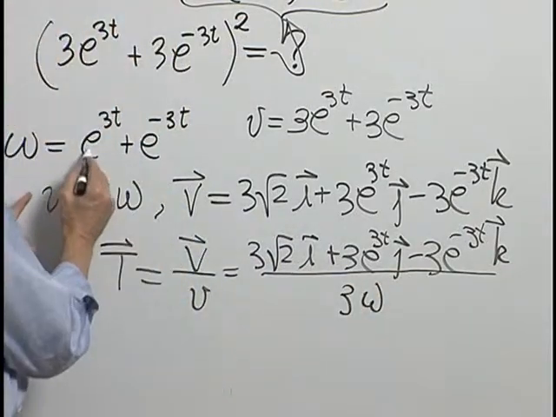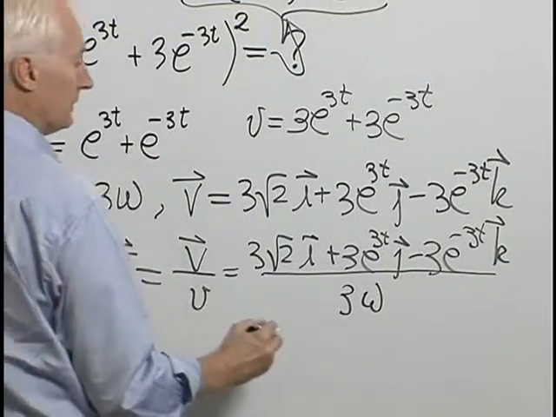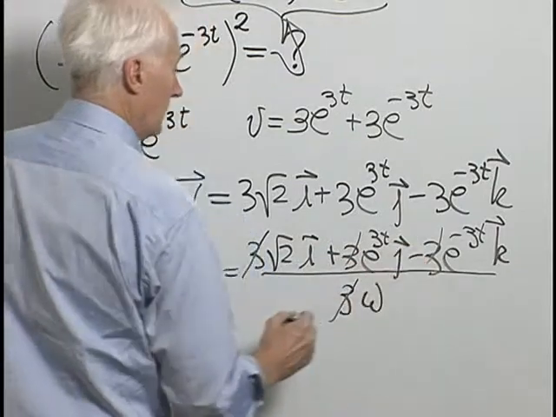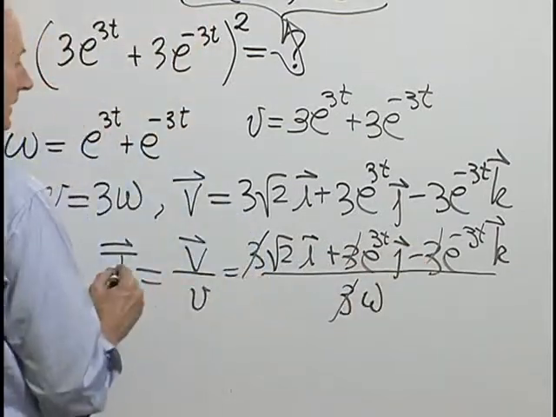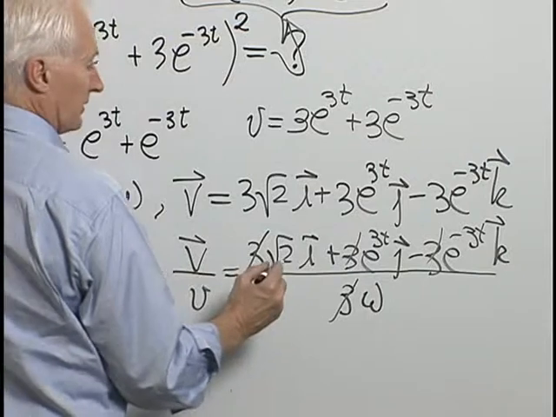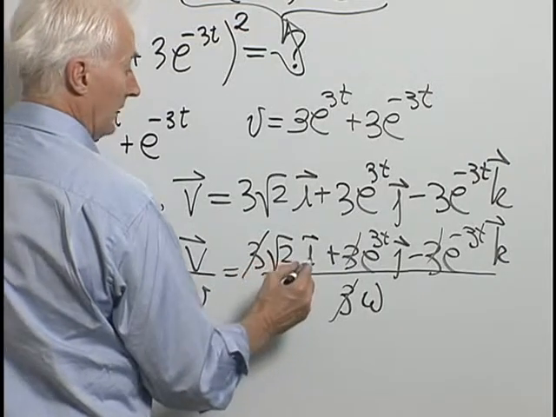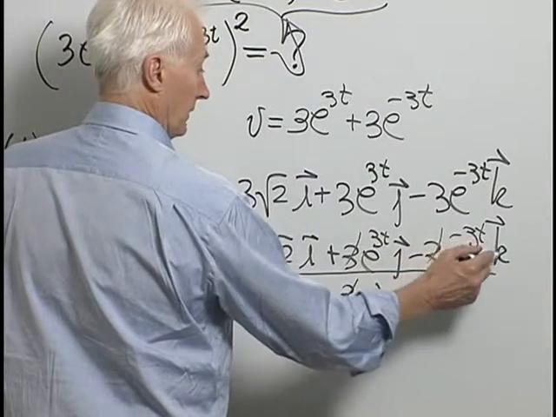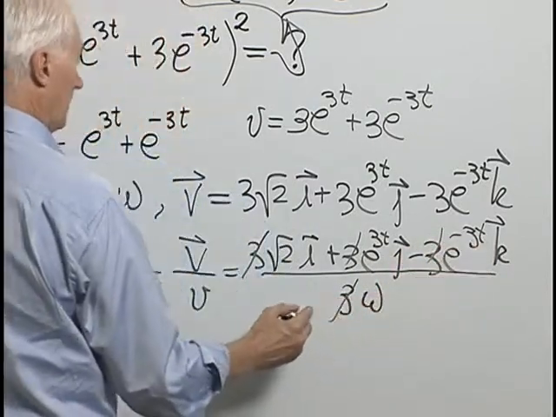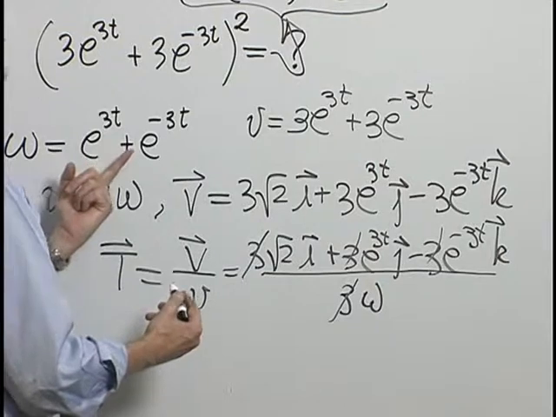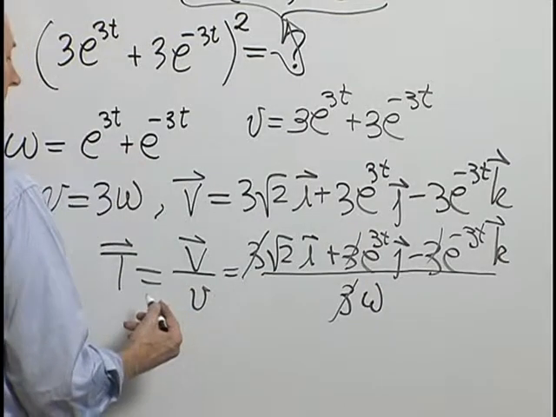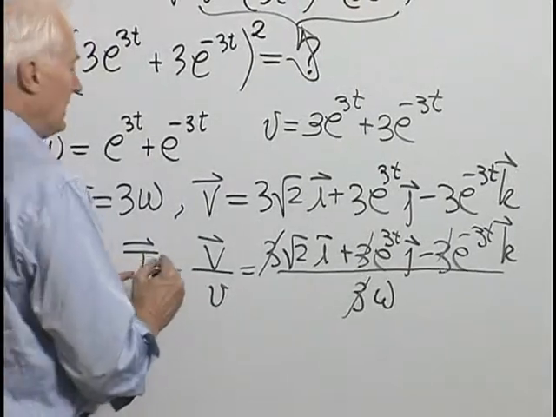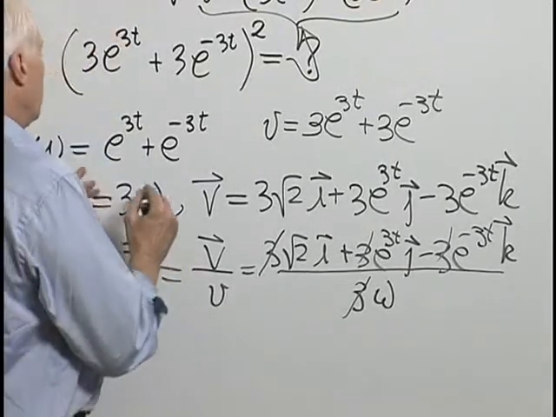Remember, w is e^(3t) plus e^(-3t). And notice what happens: the 3's cancel everywhere. And so we simply get the unit tangent vector can be expressed as √2 i plus e^(3t) j minus e^(-3t) k, all over w, where of course w is e^(3t) plus e^(-3t).